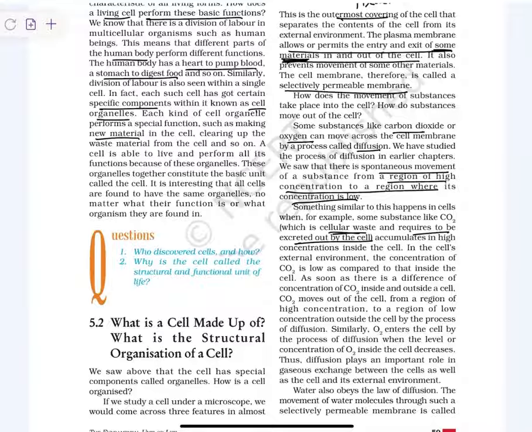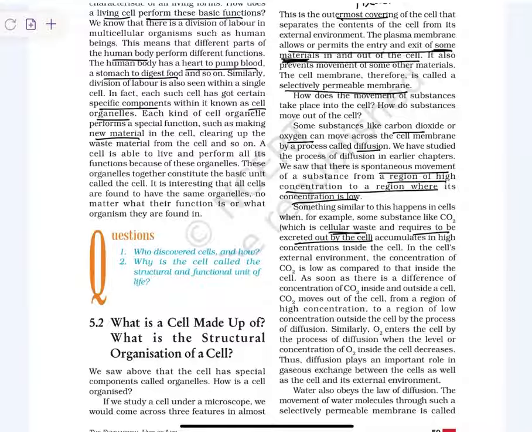And the same will happen with oxygen as well. In case of oxygen, the internal environment of the cell has low concentration of oxygen, and the outside environment of the cell has high concentration of oxygen.